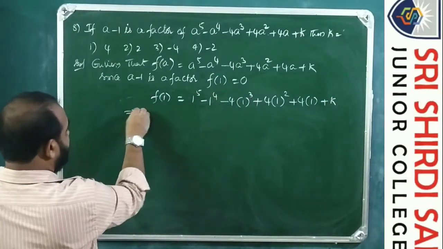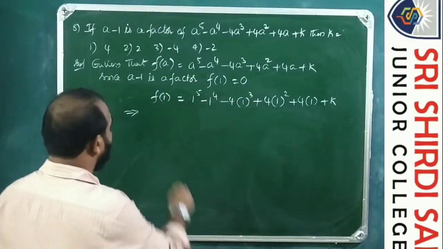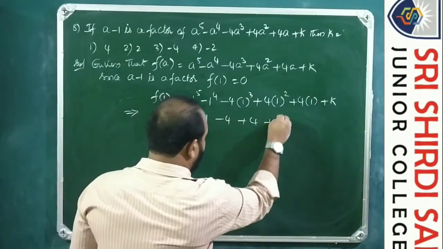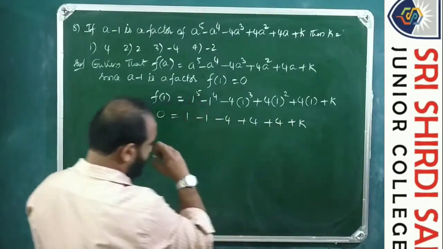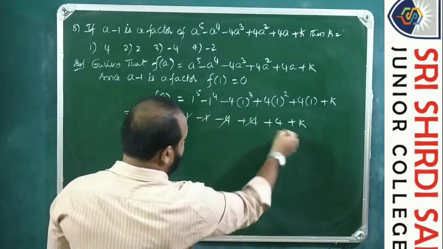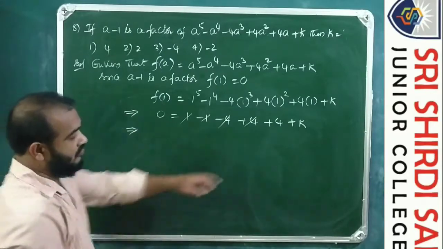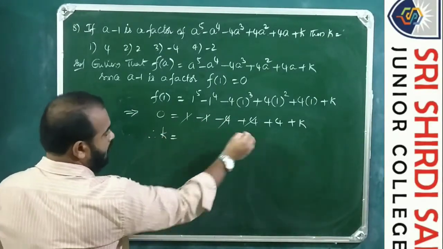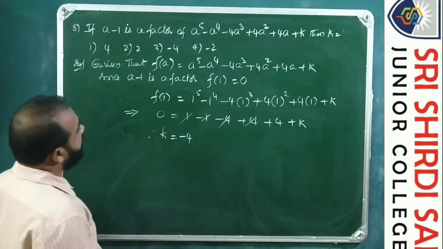So this implies f of 1 should be 0 is equals to 1 minus 1 minus 4 plus 4 plus 4 plus k. So this is minus 1 plus 1, minus 4 plus 4 gets cancelled. So k plus 4 is equals to 0. Therefore k is equals to minus 4. So option number 3.